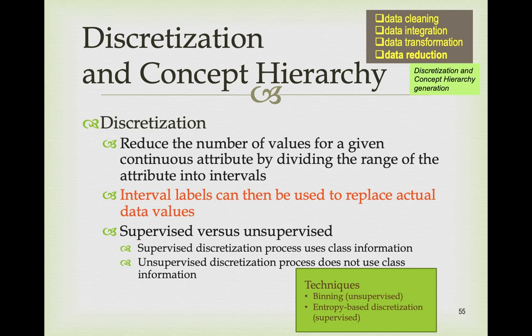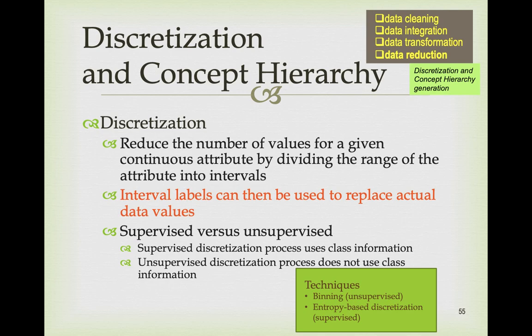Discretization and concept hierarchy. Discretization reduces the number of values for a given continuous attribute by dividing the range of the attribute into intervals. Interval labels can then be used to replace actual data values.